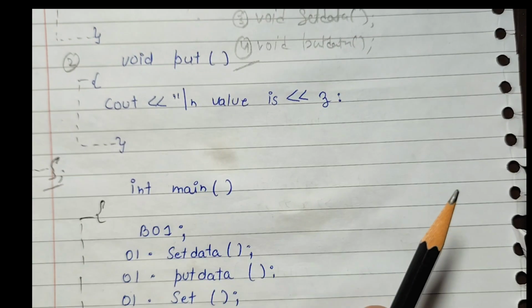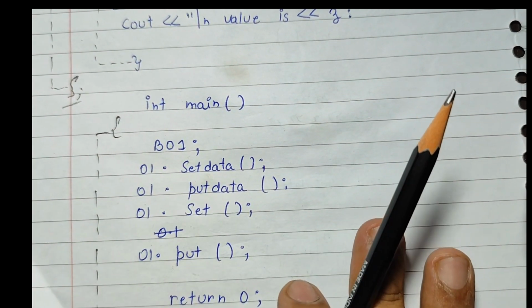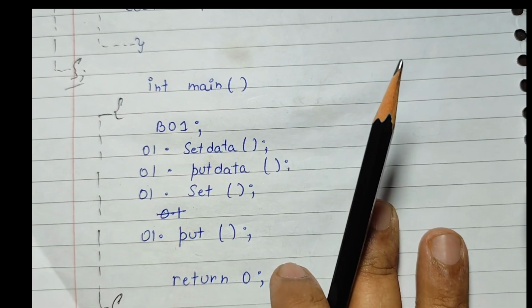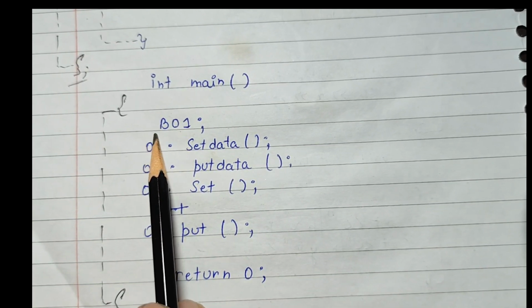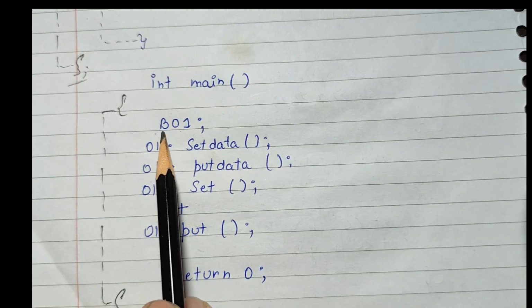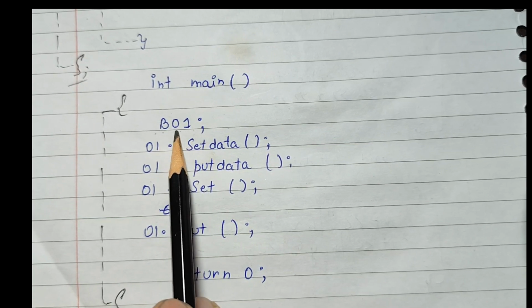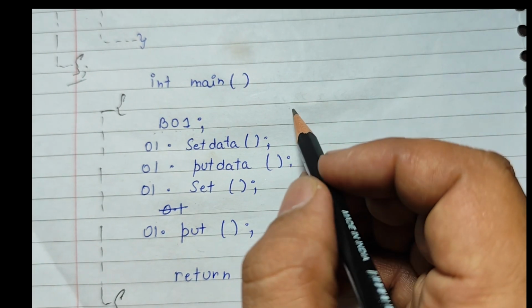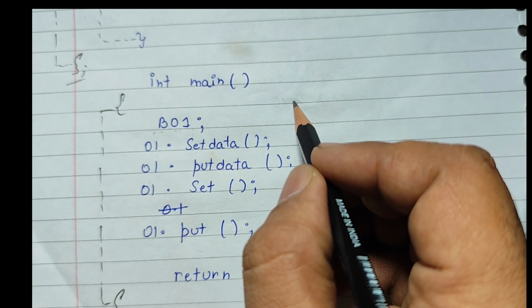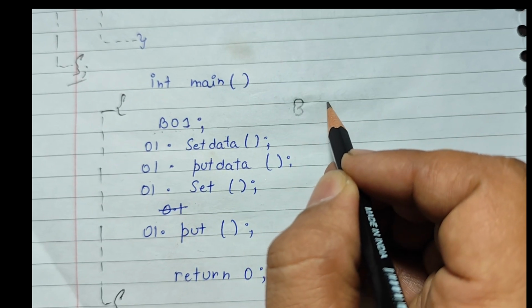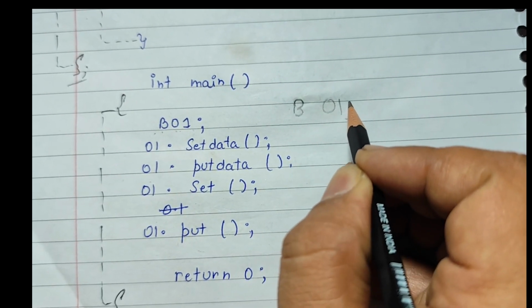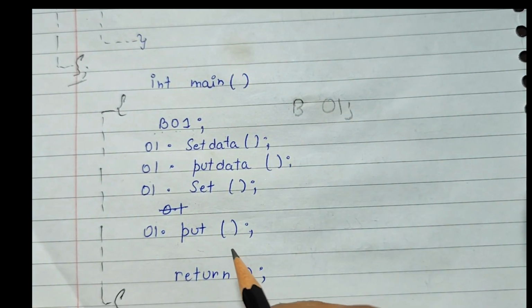Now I include the main function here. Now in the concept of inheritance, we always create the object of the derived class. So B is the name of the derived class, so I create an object O1, okay. So how to create an object, I hope all of you know. Derived class name is capital B, then space, then O1 is the name of an object, okay.